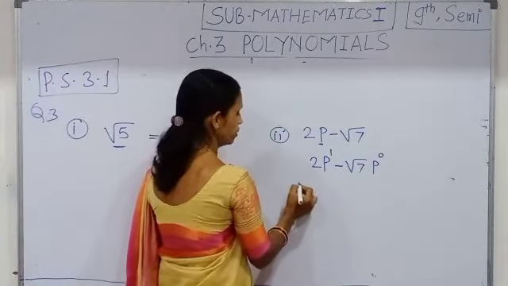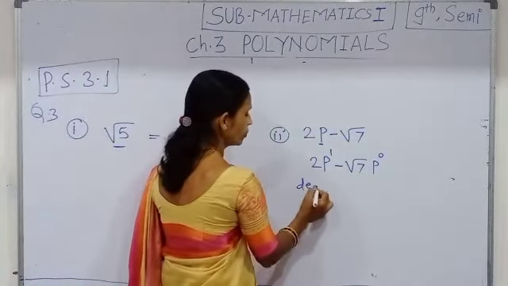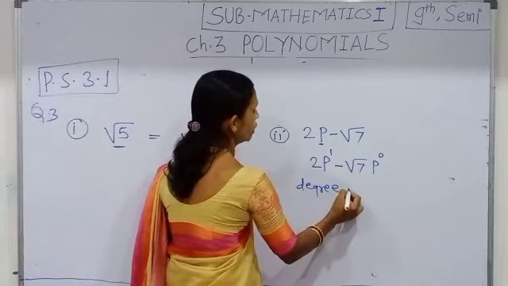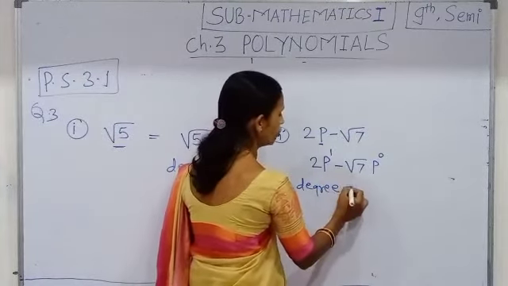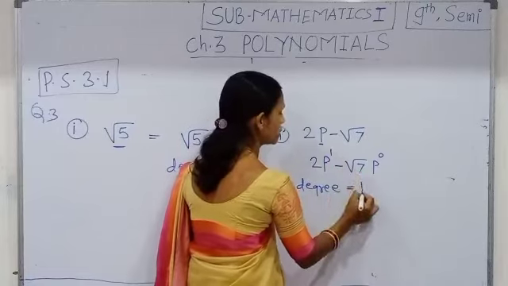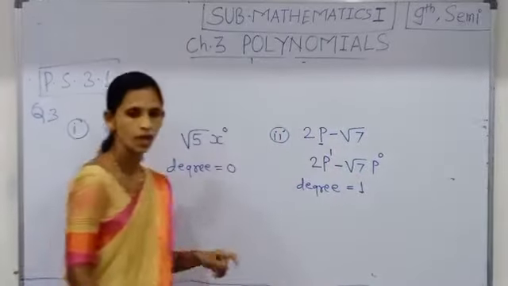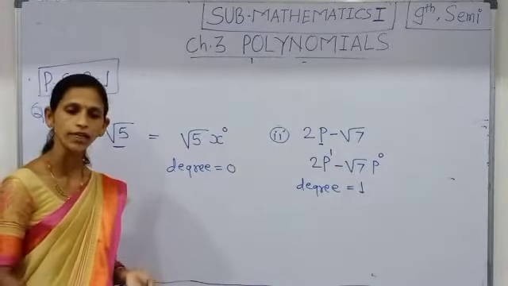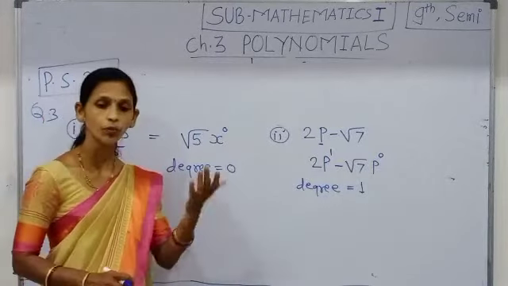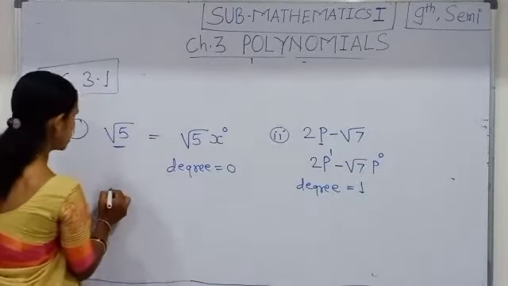Therefore here the degree of the given polynomial is the highest degree, that is 1.